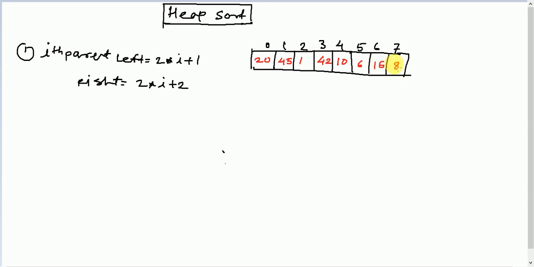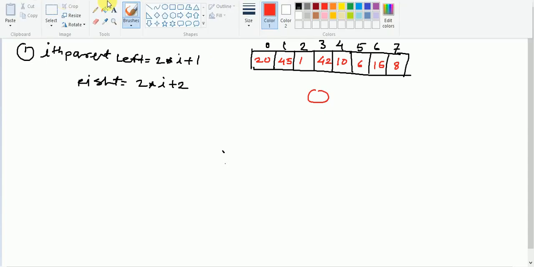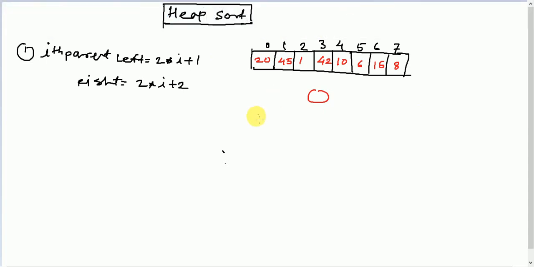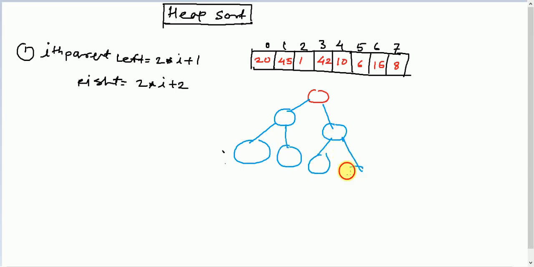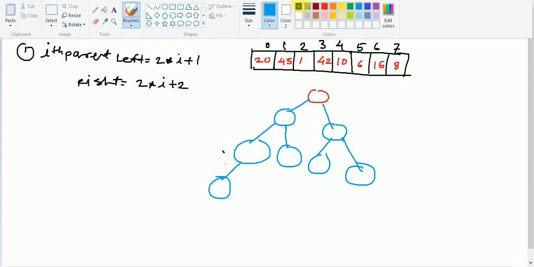Okay. Now here I am not taking a min or max heap. I just want to define the heap, or draw the heap for this. So first of all it will come here as 20. 20 will have two children, 45 and 1, something like this. We will draw it further. Then I'll put the numbers inside this.